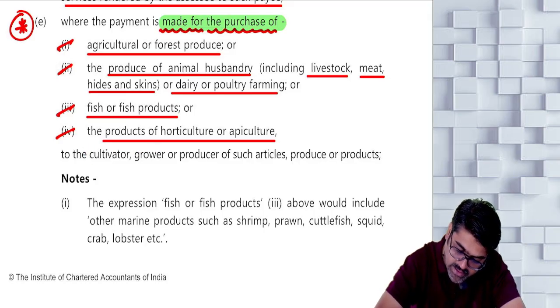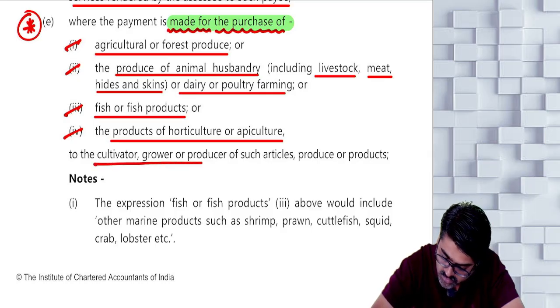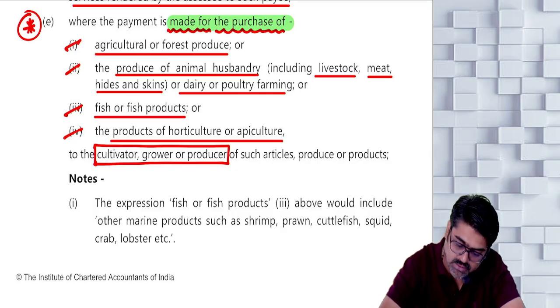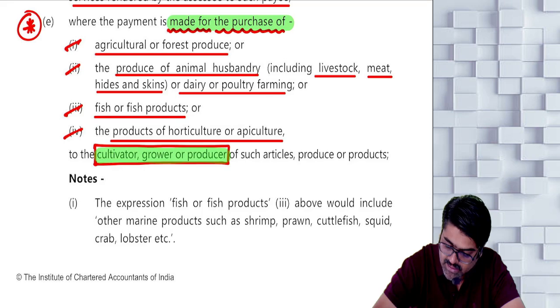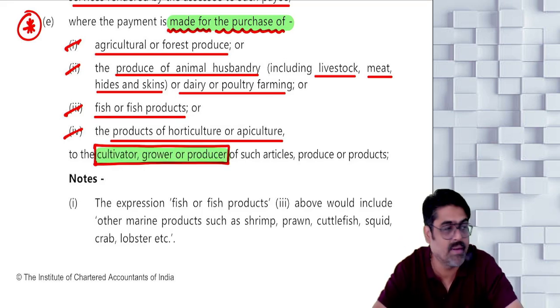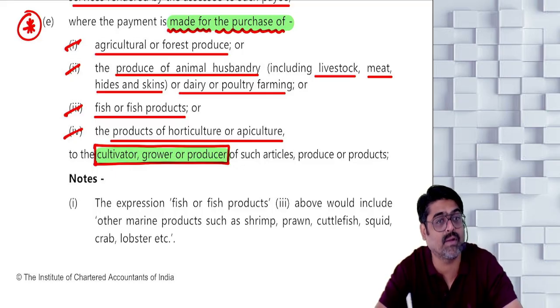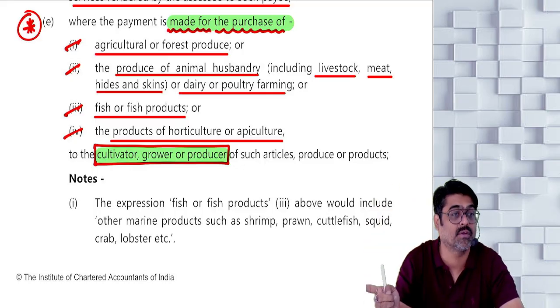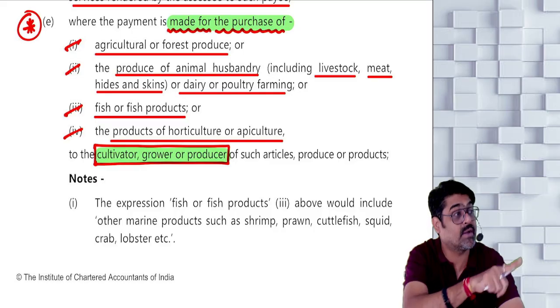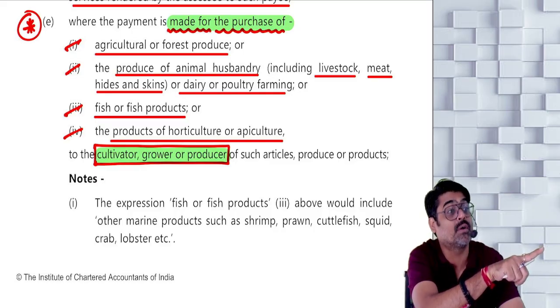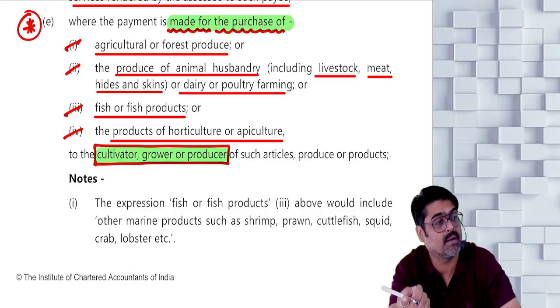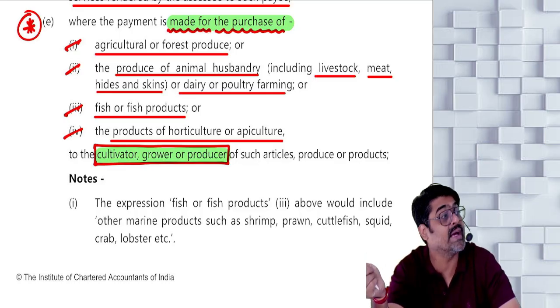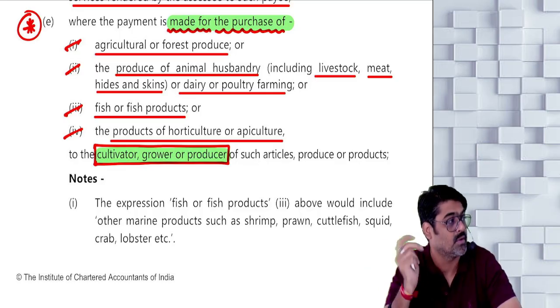Meaning, if the payment is made to the cultivator, grower or producer of such articles or products, only then will the payment be covered by the exception. If you are making payment to any other person for these items, then 40A(3) will be attracted. Yes or no?